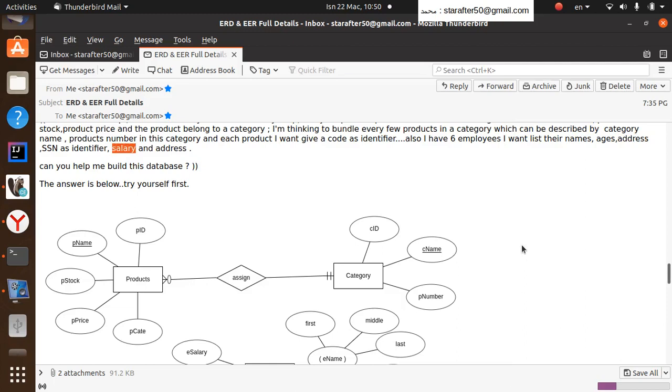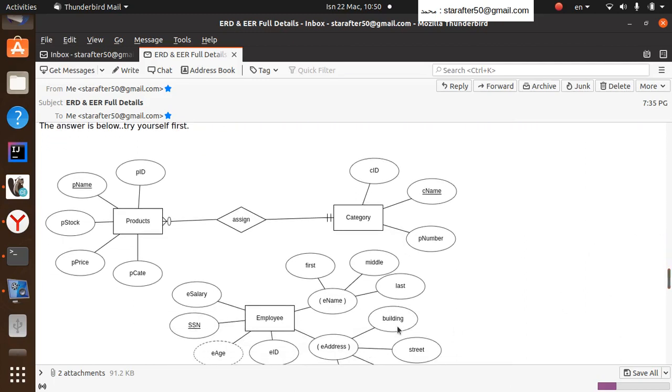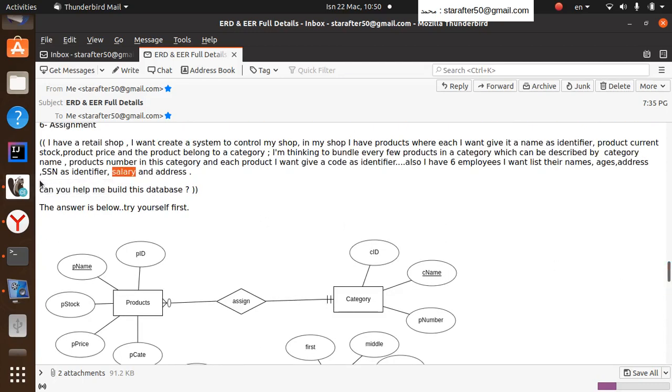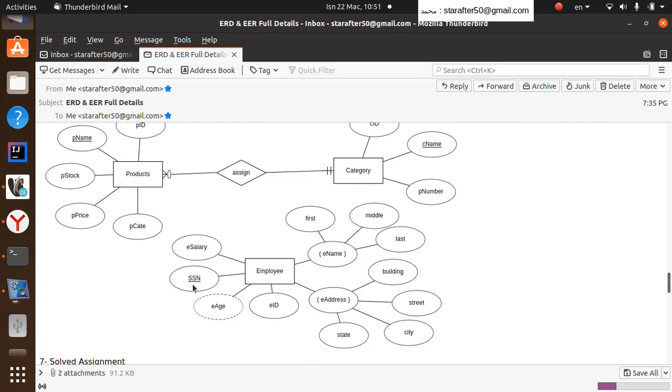So here we will create an employee entity which has all these attributes. And since he said the SSN will be an identifier, we will make the SSN the primary key that will describe or refer to this entity.